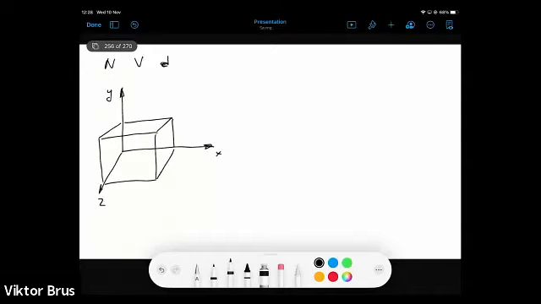Okay, so inside this cube, we can consider at the beginning just one molecule with mass m naught, and it moves with a certain velocity vector v. So now let us first consider a projection on axis x, and then we will apply all these concepts for other directions.